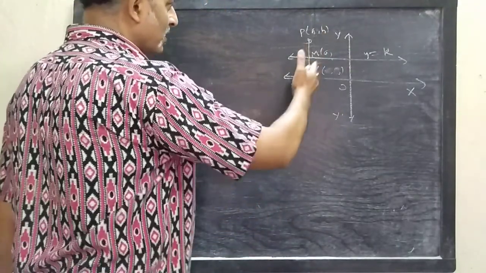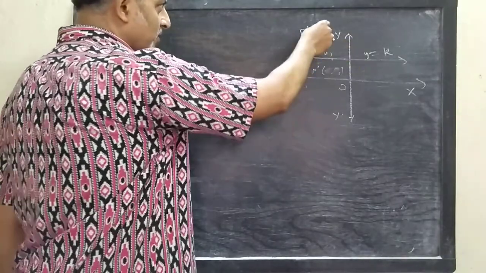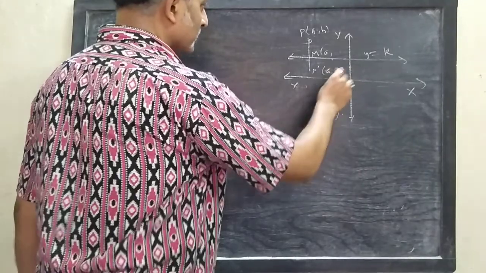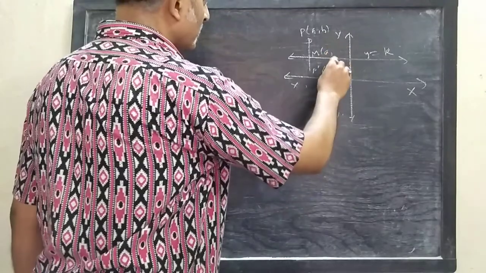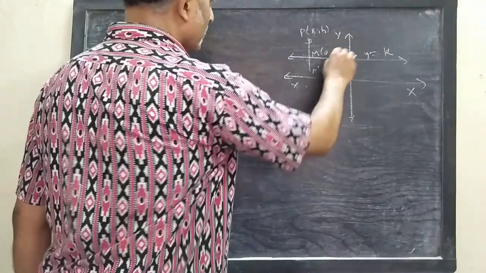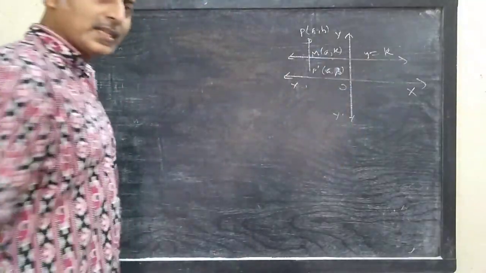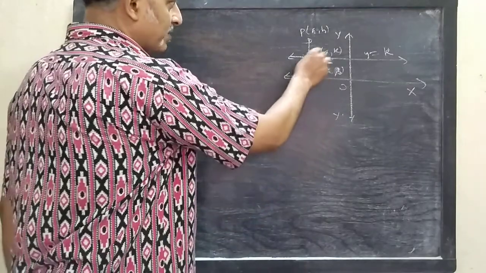Because the points are at a fixed distance from y-axis, so its abscissa remains fixed. So this will be A, and this is beta. This is A, and this coordinate will be a comma k. Why k? Because all the points lying on this line have their ordinate k. For this reason, the ordinate of the point will be k and abscissa will be a.